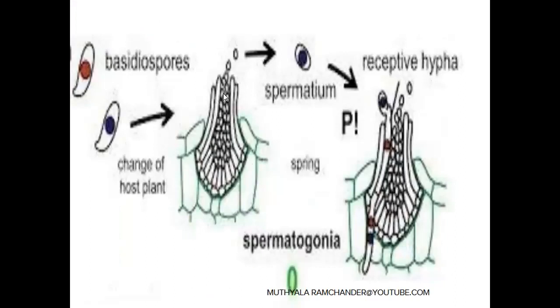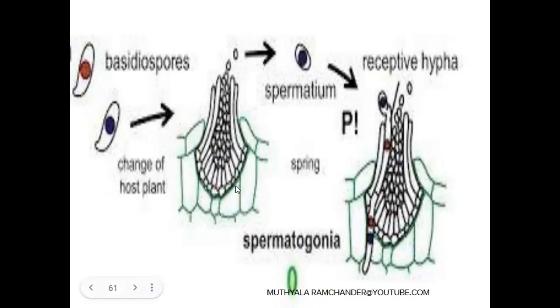The fungal spores are called spermatia, or pycnospores, also called pycnidiospores. At the mature stage, the pycnospores are released from the fungal thallus and combine with a blue-green alga to develop into lichens. If blue-green algae are not available around these spores, they develop as fungi only.